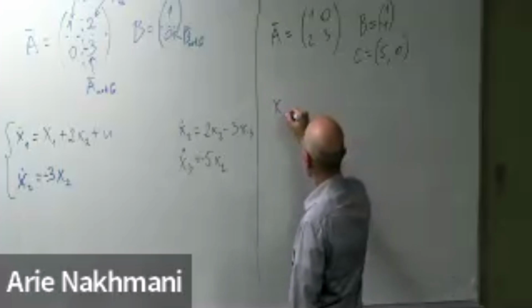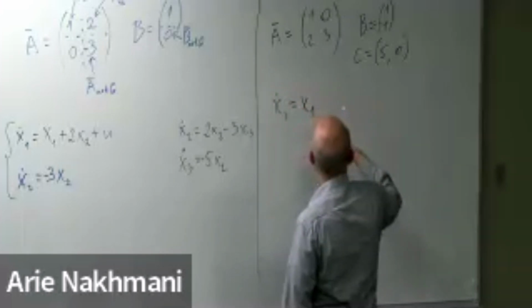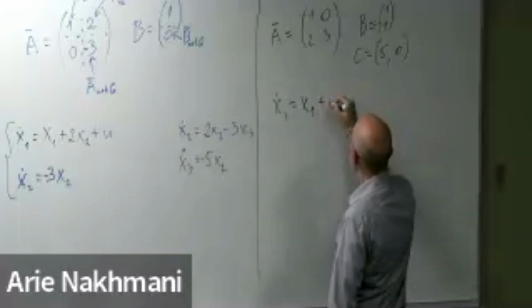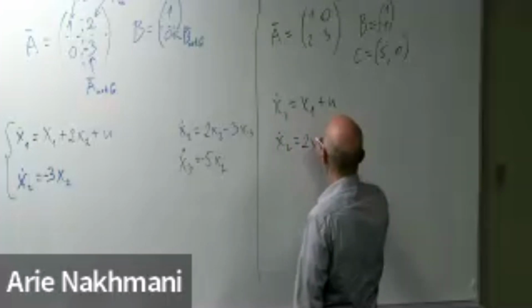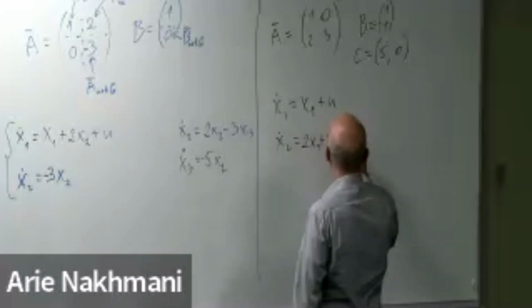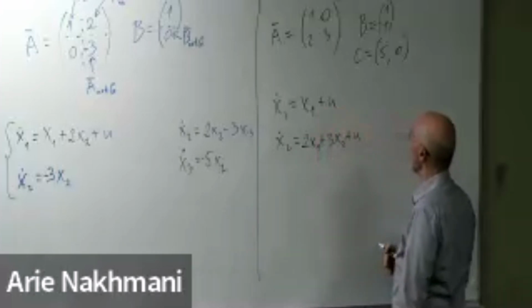So x1 dot equals x1 plus u. x2 dot equals twice x1 plus 3 x2 plus u. Okay.